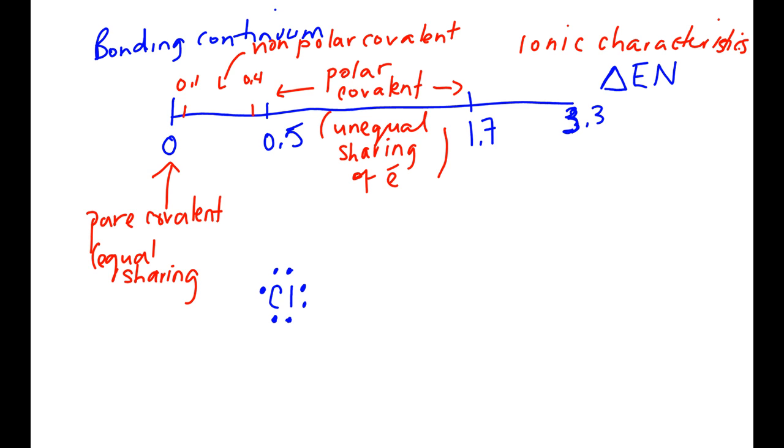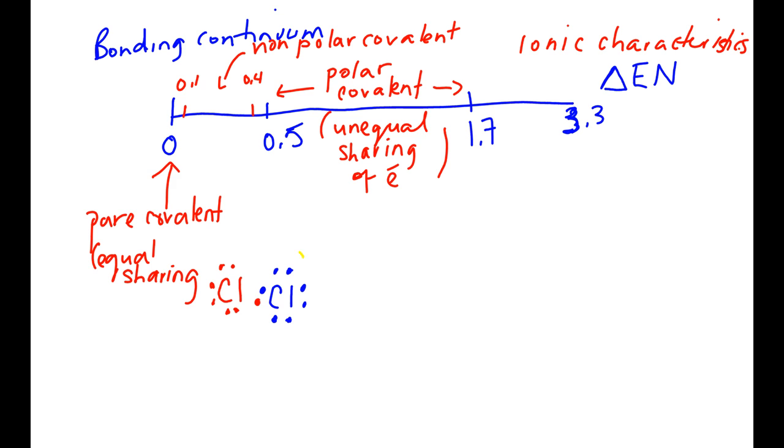So what's going to happen is the other chlorine is going to share its electron with you, so now you both have 8 electrons around you.